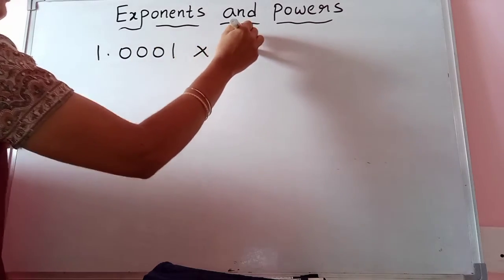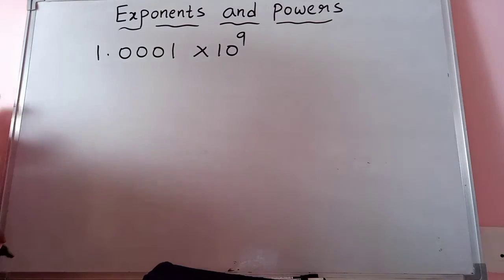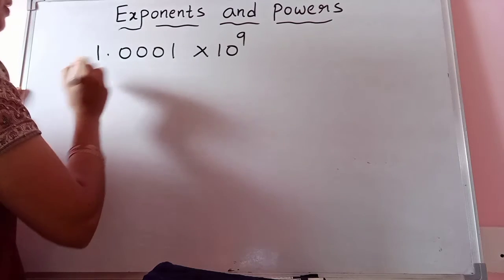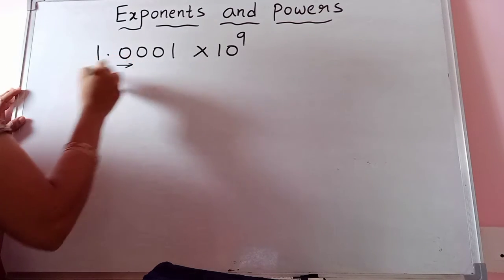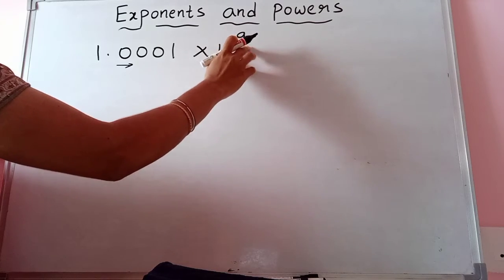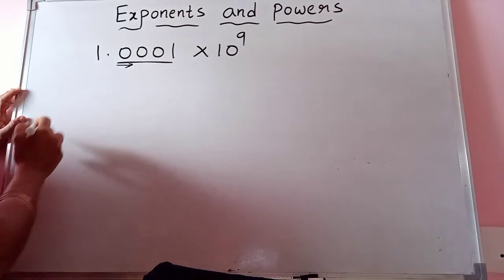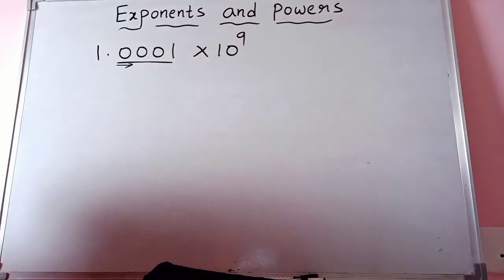Next example is 1.001 into 10 raised to the power of 9. Positive exponent, the point we are shifting towards the right side. 9 places we need to shift the point, but already we have 4 places here. Okay, how many more zeros?